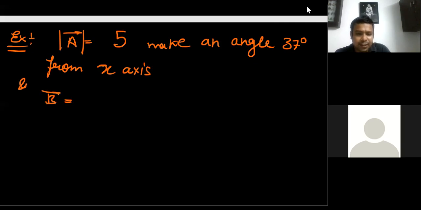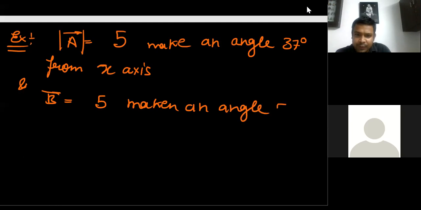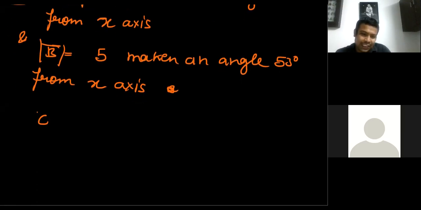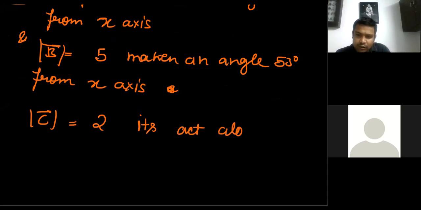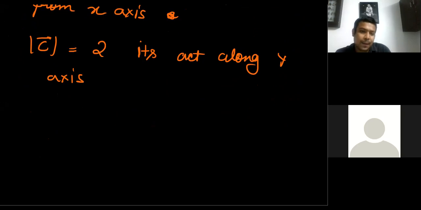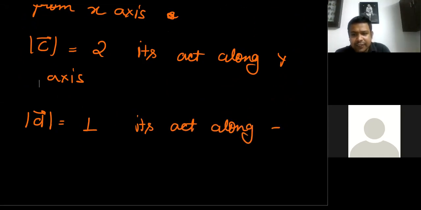Vector B also has magnitude 5 and makes an angle 53 degrees from the x-axis. The magnitude of vector C is 2, and it acts along the y-axis. The magnitude of vector D is 1, and it acts along the negative x-axis.